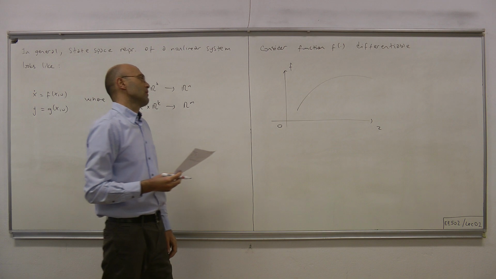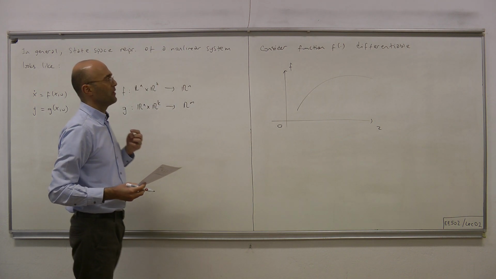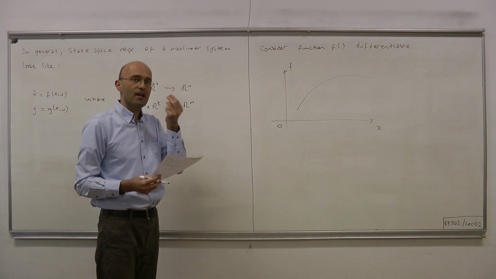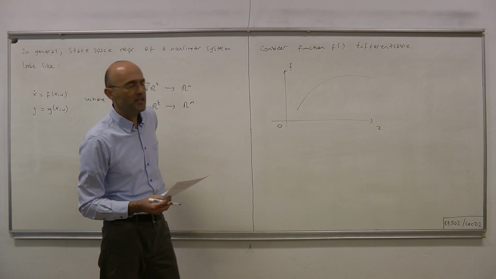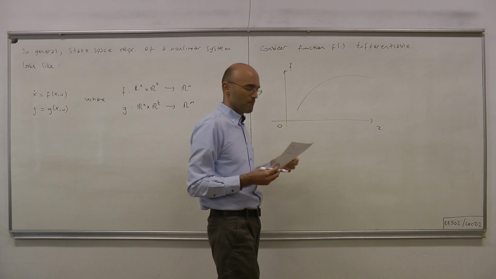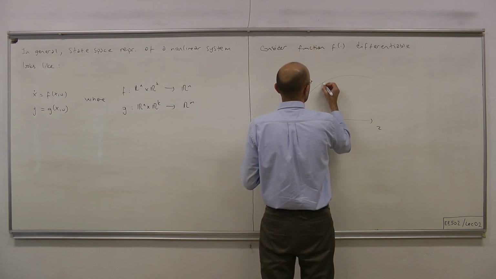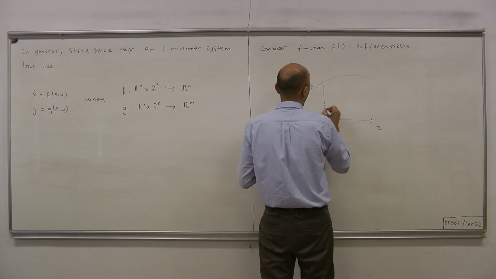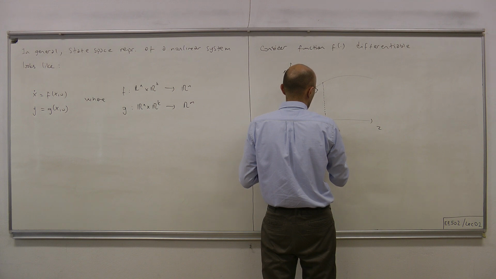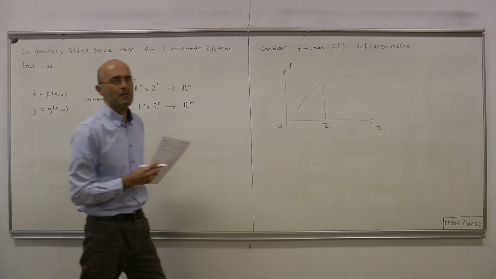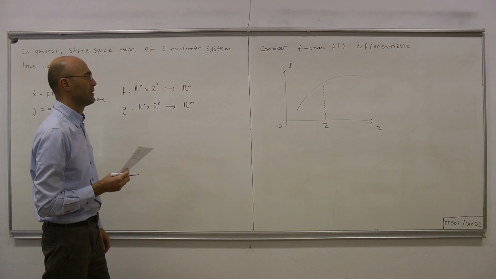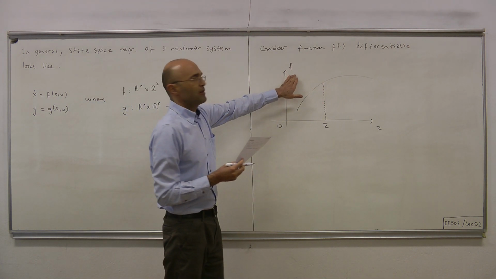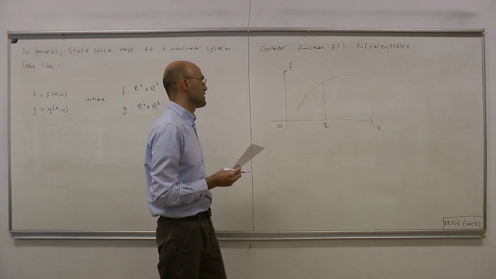Now, for some reason, let's say we're interested in the behavior of this function around some particular point in space, and let's call that fixed point z bar. So we are here, some fixed point on the real line.